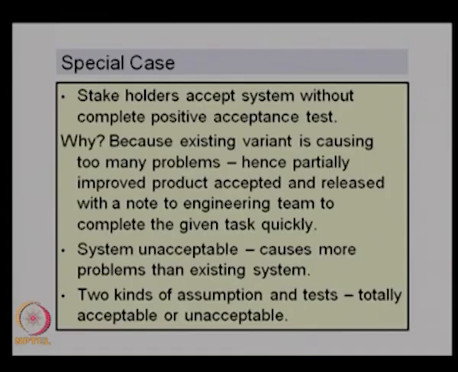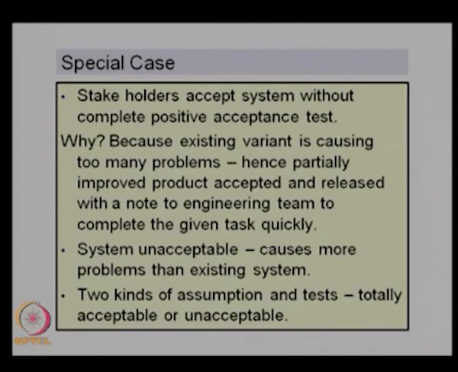And in most of these tests there will be two assumptions. They will make two assumptions and then go ahead with the testing. Basically, one is that they assume that it is totally acceptable or unacceptable. If it is assumed that it is totally acceptable, then most of the tests will be designed in such a way as to prove that it is not acceptable.